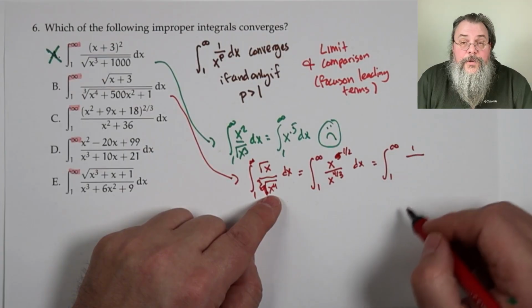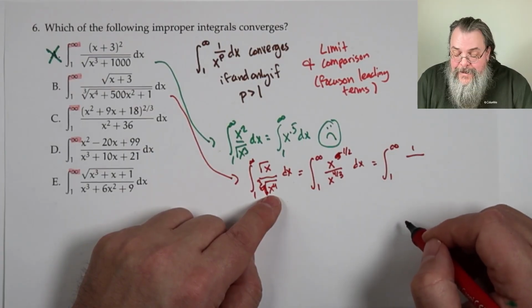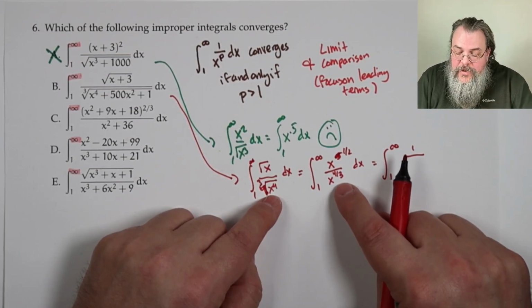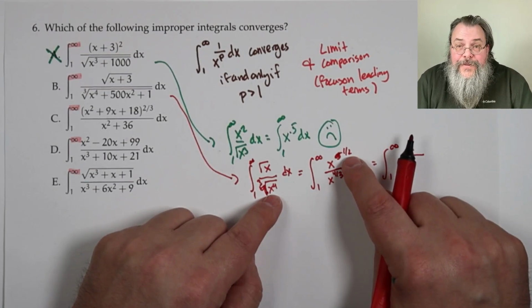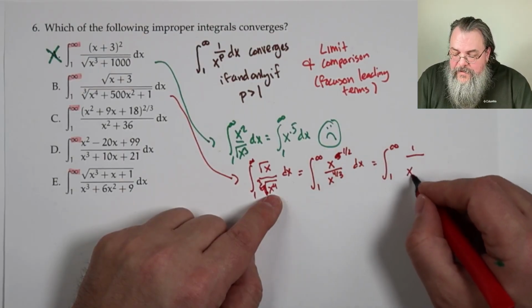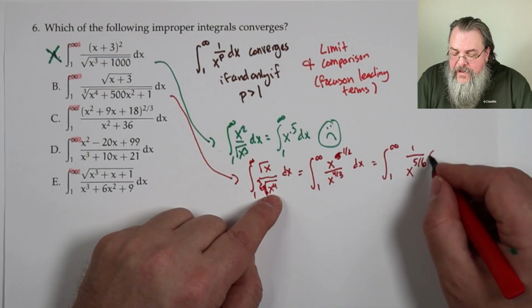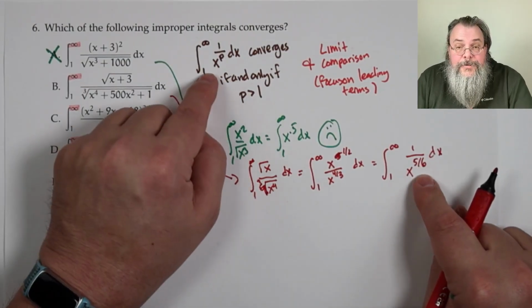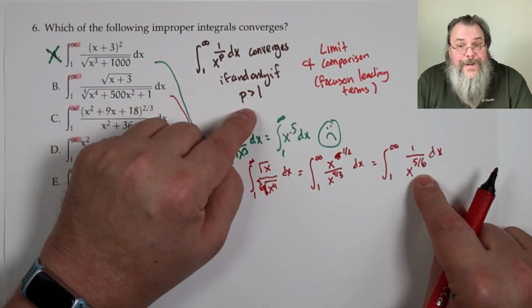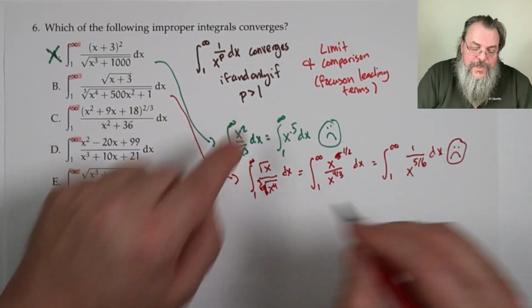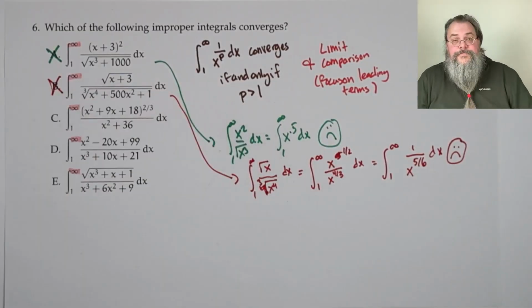What is 4/3 minus a half? We have to think about that. 4/3 is like 8/6, and 1/2 is like 3/6. 8/6 minus 3/6 gives us x to the 5/6. Will that converge? Well, 5/6 is not bigger than 1. This is not going to converge. B is out.